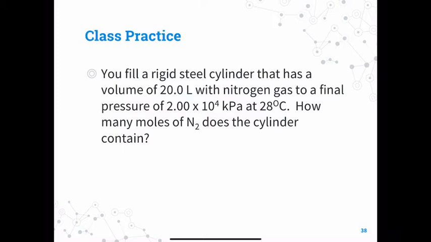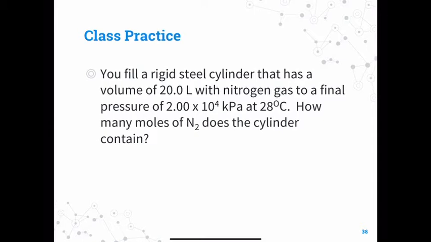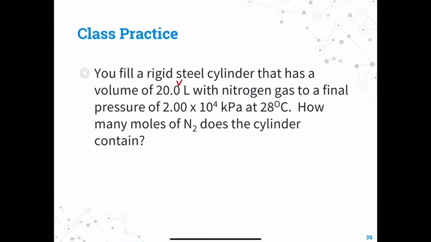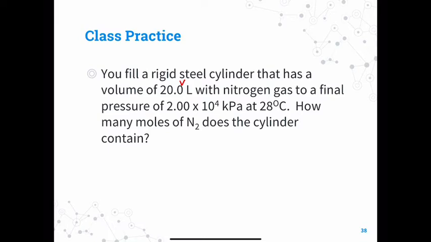And so I always like to first identify what all my variables are. So it says you fill a rigid steel container that has a volume of 20 liters, so that's going to be our volume, with nitrogen gas to a final pressure, so this is our pressure, of 2 times 10 to the 4th kPa at 28 Celsius.